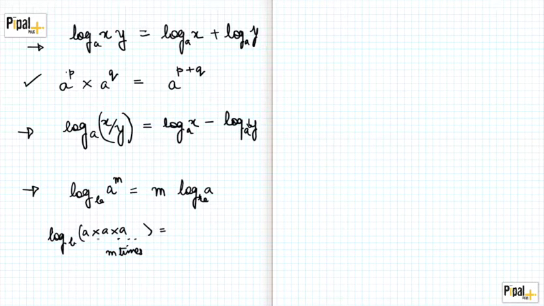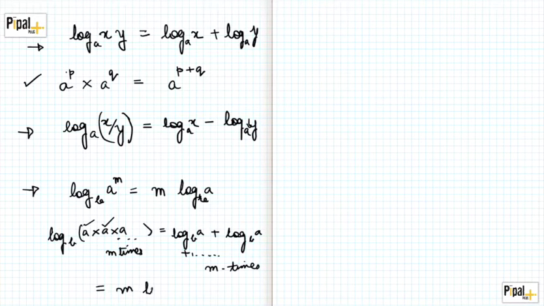So I'm going to get log base b of a for this one, plus log base b of a for this one, and I will continue to add these. I will get m of these, and because they're all the same, I'm going to end up with m times log base b of a. So basically, the power of this number, you can bring it out.